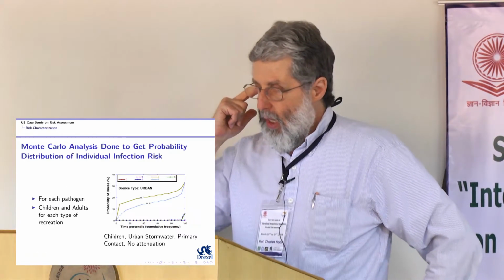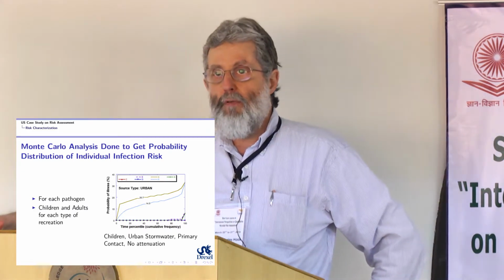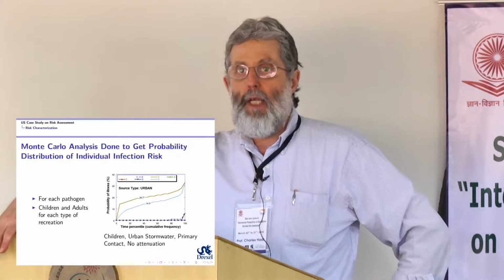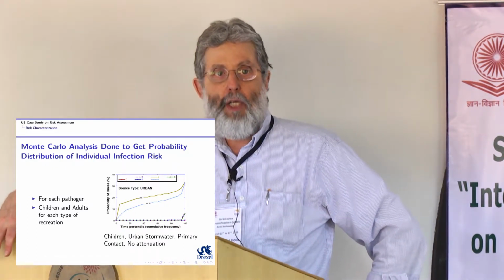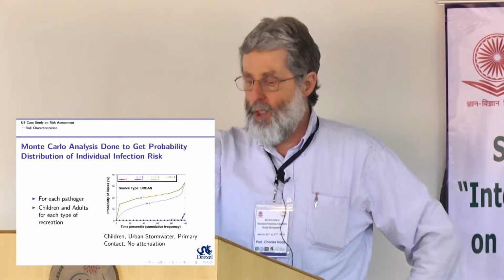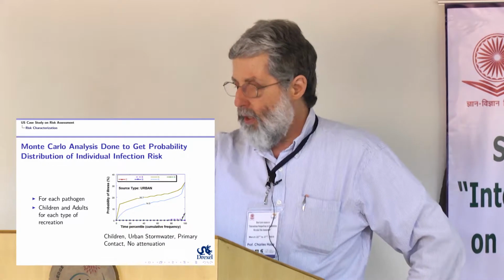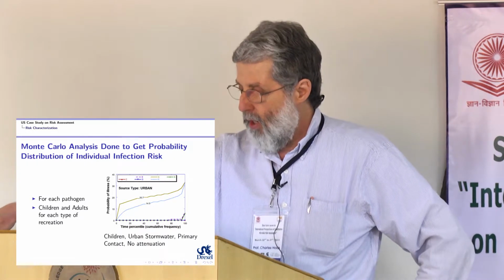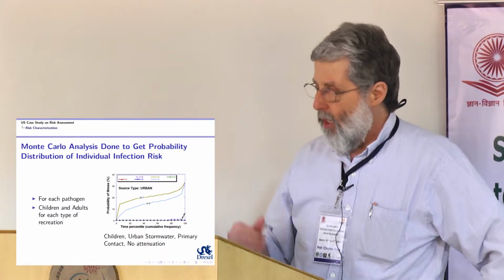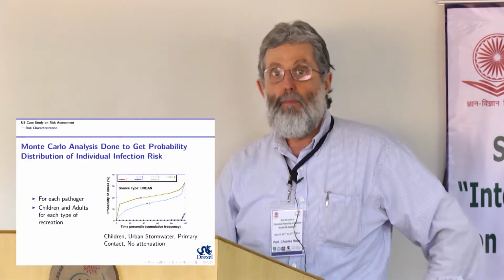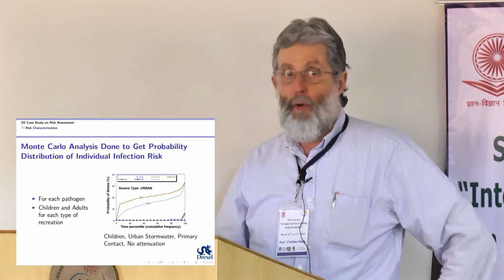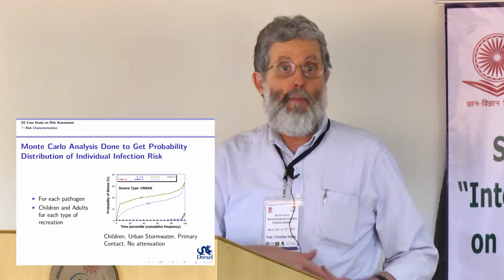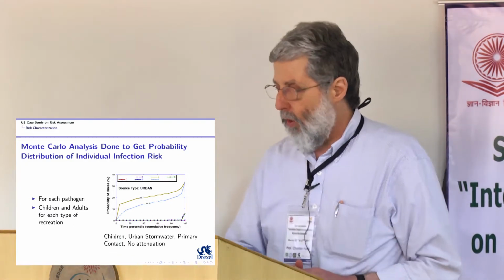And then combining the dose response information, the exposure data, as well as the dilution and inactivation data from the source to the point of exposure, they were able to construct probability distributions such as this for each of the stormwater types for various organisms. So this is the case for children with urban stormwater, primary contact, meaning swimming, and no attenuation occurring. So they're swimming right near the discharge point of the water.